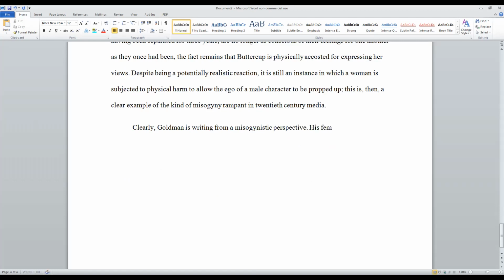His female characters, while given agency, tend to be the recipients of verbal abuse and sometimes even physical violence.